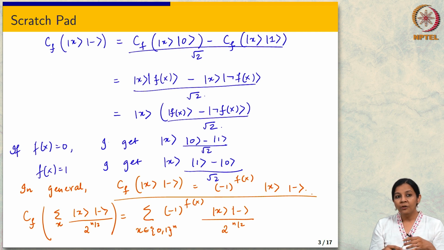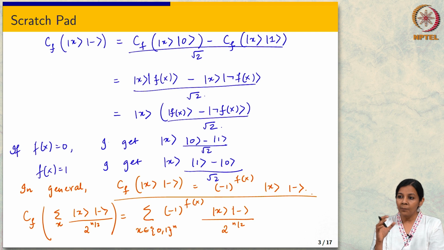So it's sort of a box, an oracle for me. I give it some input and I get some output, and we discussed how this behaves. If I apply this oracle to x with the minus state, then what I end up getting is that the f(x) value is encoded in the phase. I will not get into the physical meaning of this phase and so on.